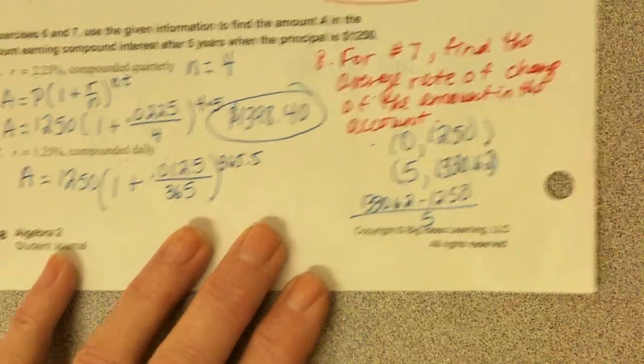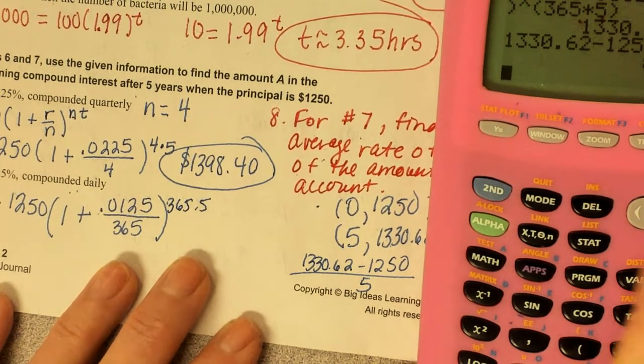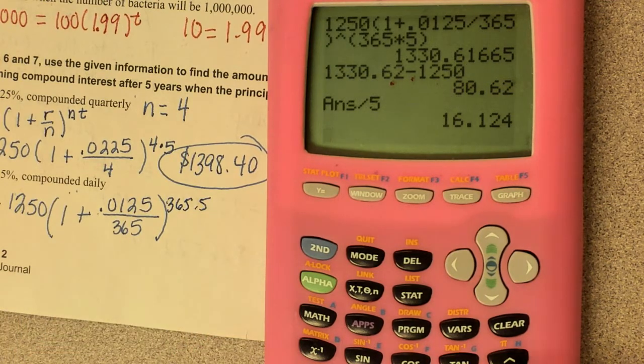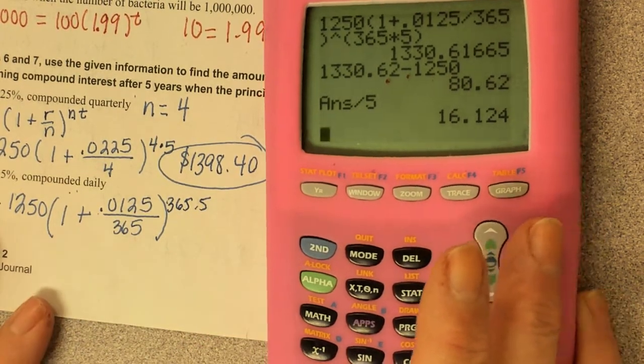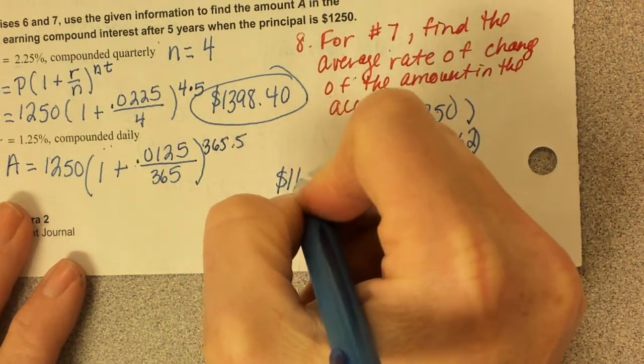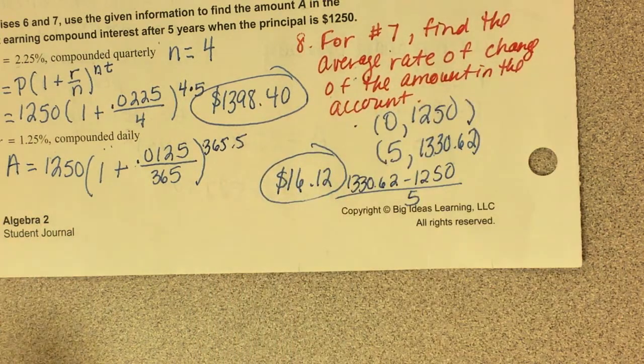Divided by 5, right? Take that answer and divide it by 5. So each year we're making about $16.12. It's not too great, is it? Because that interest rate was so low.